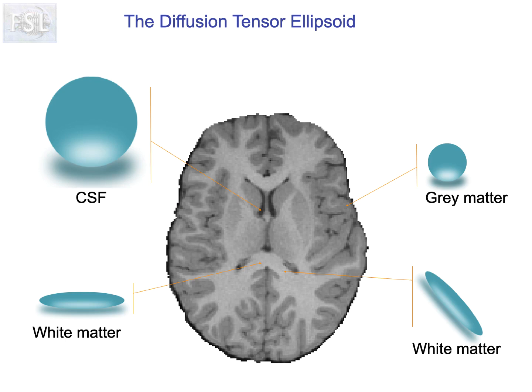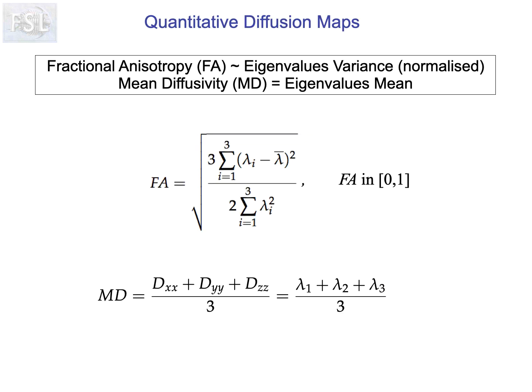And once we start looking around the brain, we can see, for example, in the CSF, we have an isotropic voxel with high diffusivity indicating free diffusion. In grey matter, we have an isotropic voxel with lower diffusivity, indicating that there is some restriction on the diffusion. And in white matter, we have an anisotropic voxel, indicating restricted diffusion with a preferred direction.